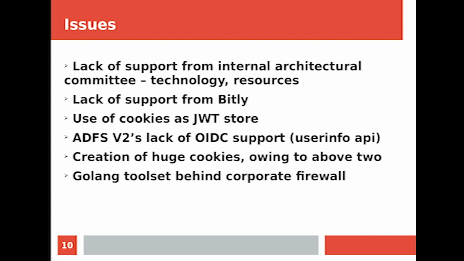The second bigger concern from a developer perspective was that support from Bitly, the original authors of the particular product, was lacking. I think we started working on OAuth 2 Proxy back in February 2018, and by then Bitly had stopped enhancing the actual product itself.